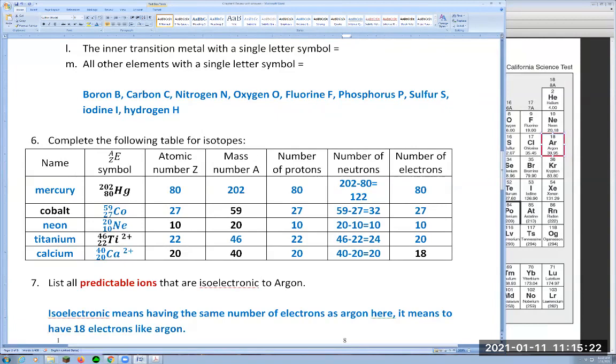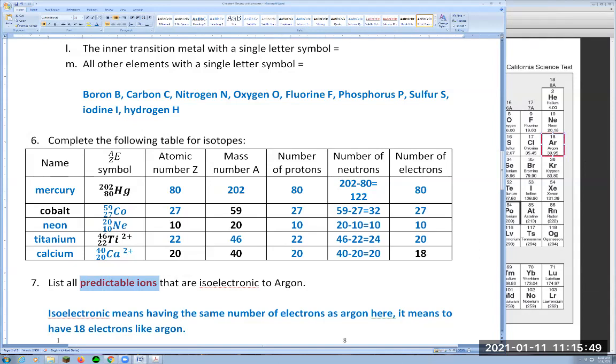So to be isoelectronic to argon means having 18 electrons like argon. And so all the other elements, for them to be isoelectronic to argon, have to be ions, because otherwise it's not possible. That's why it's asking you to list all predictable ions that are isoelectronic to argon.